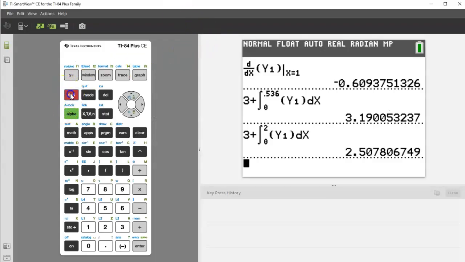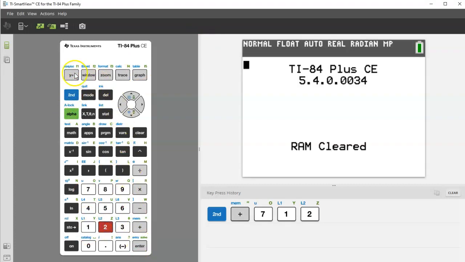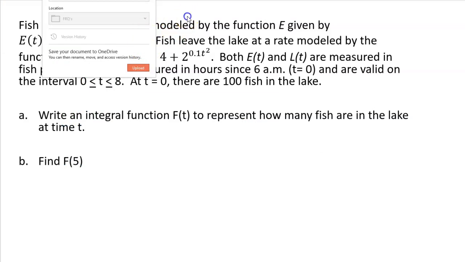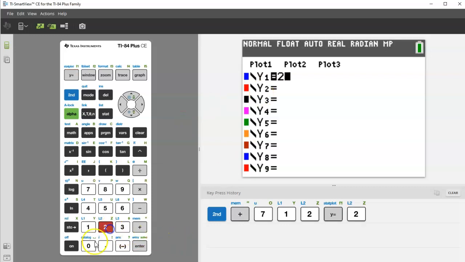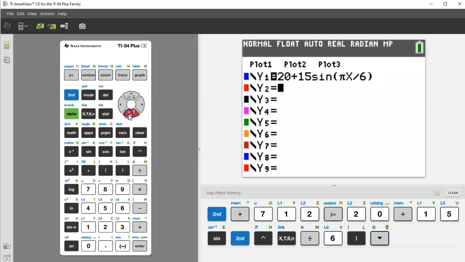So first of all, let's clear our calculator. We're going to go to y equals, we're going to enter our function. So my first function is 20 plus 15 sine of pi t over 6. Okay.